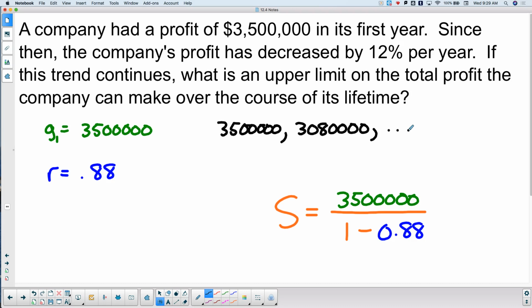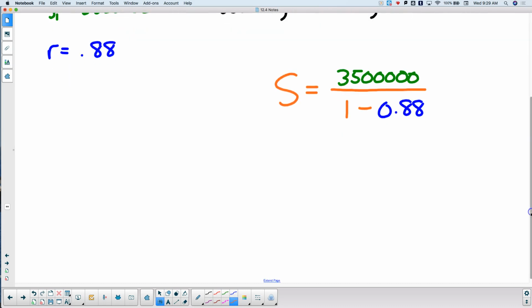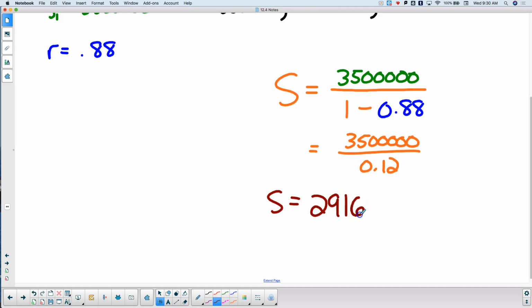So this gives me 3,500,000 divided by 0.12, which gives me an upper limit, the maximum that it could be, of $29,166,666.67. Okay.